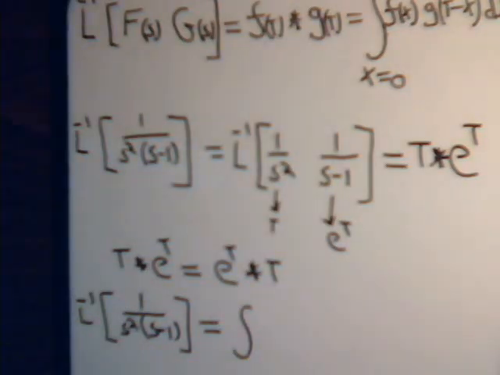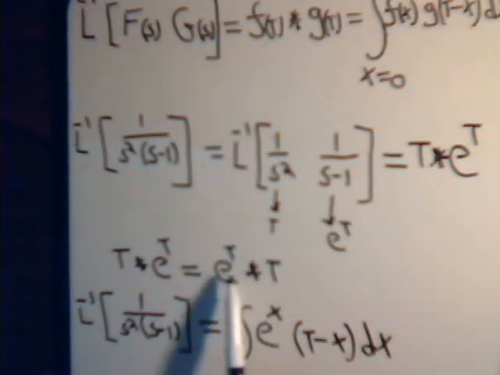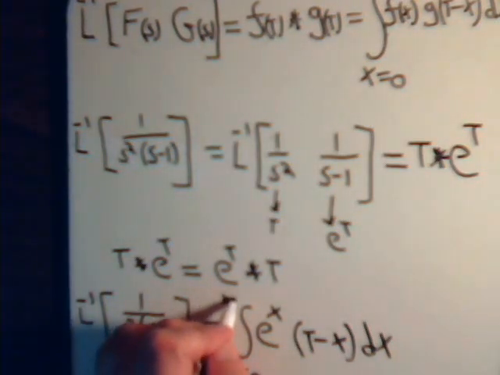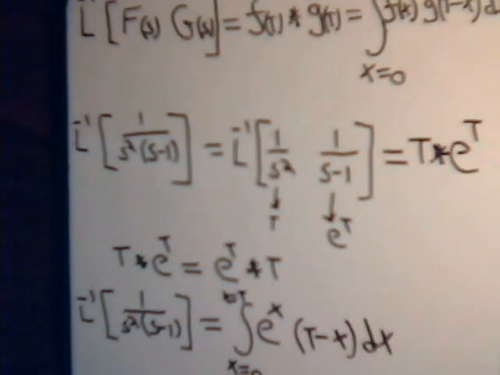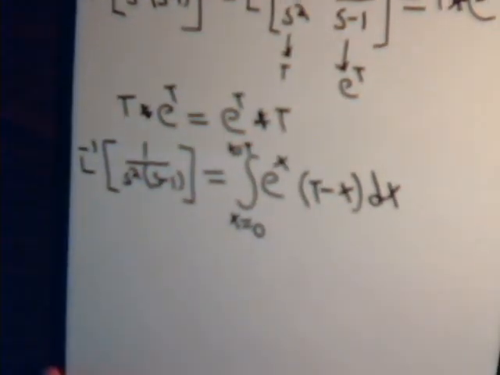We had it like this: e to the x times t minus x dx. That's the one we're working with in integral form. x goes from 0 to x equals t. So finding this inverse Laplace transform is the same as evaluating this integral. And let's see what that gives us.